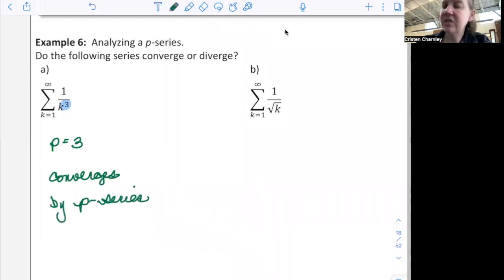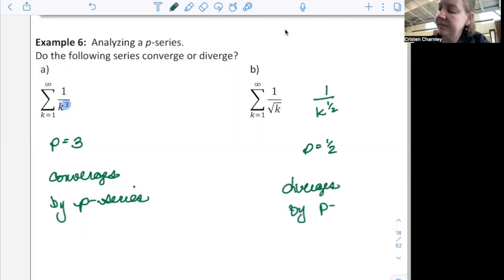It's good practice to start because at some point all these rules are going to be given to us at the same time, and we'll have to say converge or diverge, and say which test we used. So I'm telling you it's a p-test, but it's good practice to write that in. This problem, example B, is really 1 over k to the 1/2. P is equal to 1/2. Because that's less than 1, this diverges by the p-test, or P series. We can write it either way, P series or p-test. That's it.